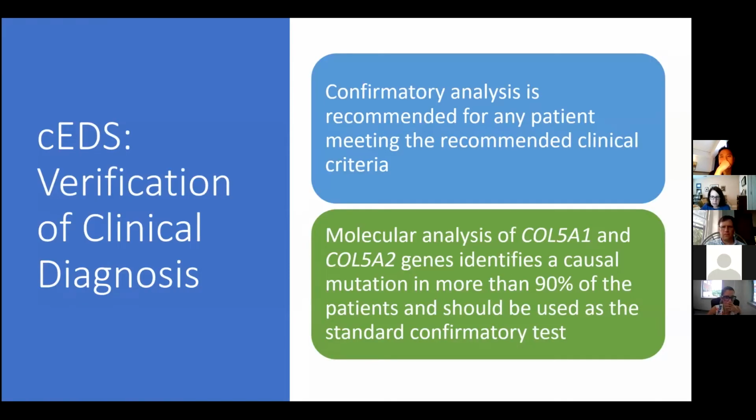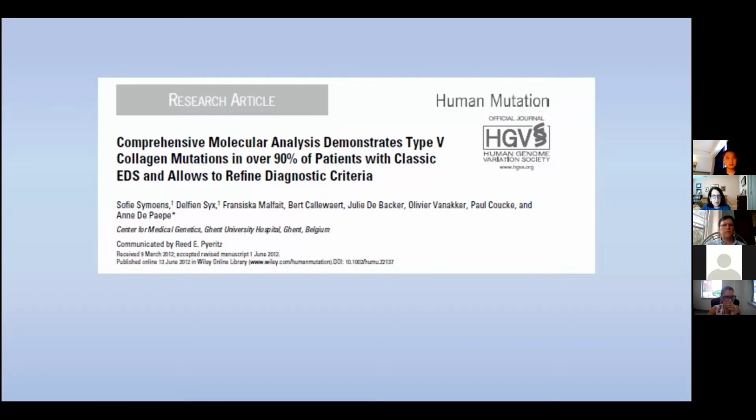And we use that as the standard confirmatory test. And this was the reference from Dr. Ann DePapp's lab that showed that 90% of patients with these redefined criteria should have variants in type 5 collagen.